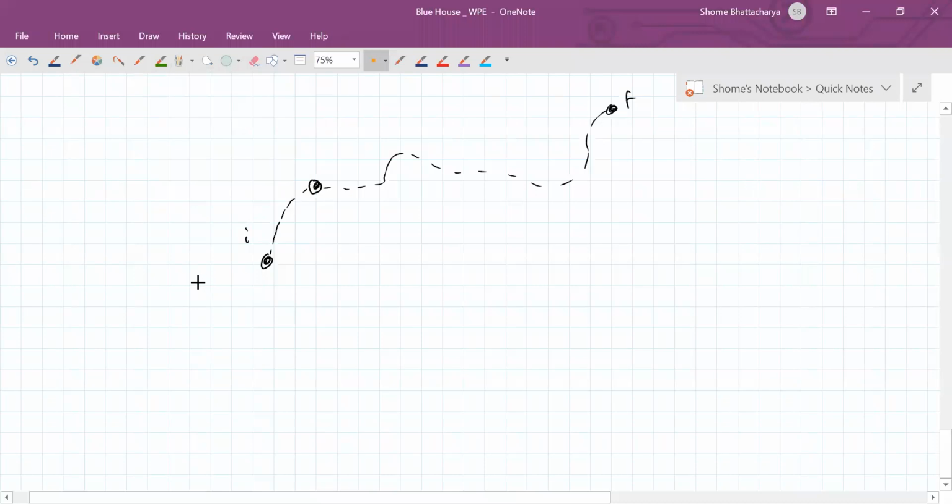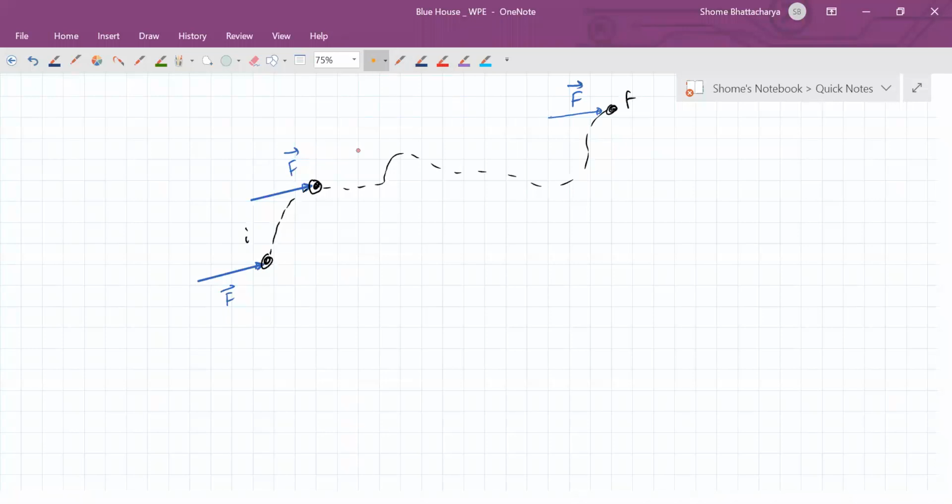And that vector looks like this. When it's here, that force is like this. When it's here, the force is like this. So throughout, the force vector is an arrow which neither changes magnitude nor changes direction.